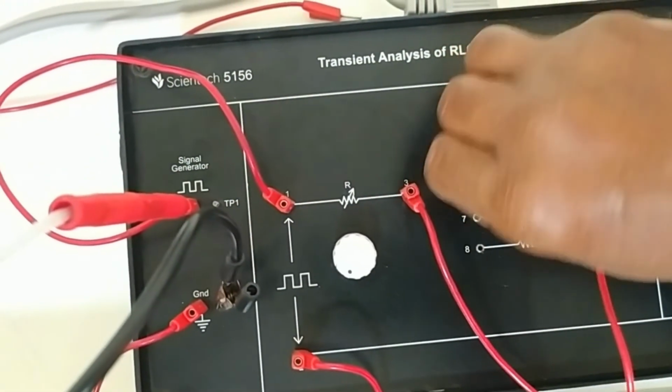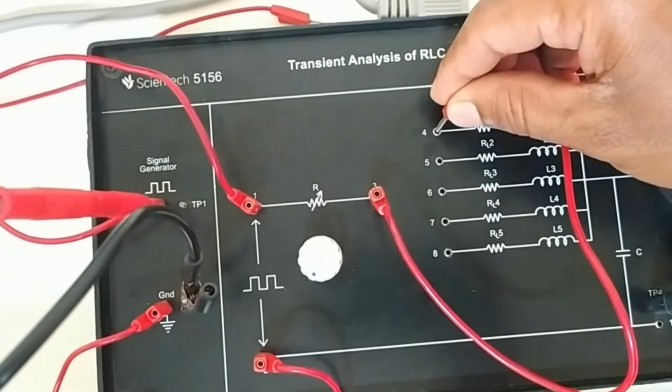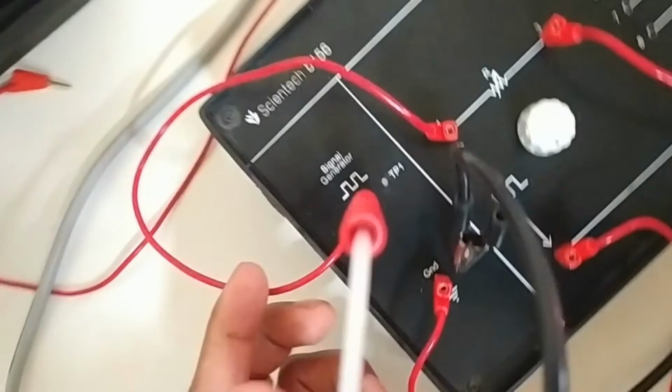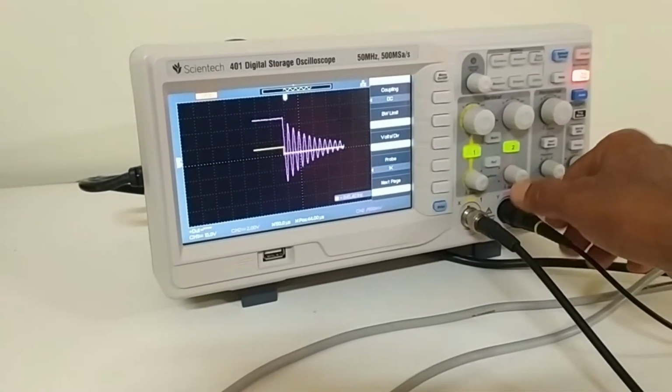You can connect here, or to the 6th, 7th or 8th point. Here I have connected it to 4. The input is connected to channel 1 of the digital oscilloscope, and the output is connected to channel 2 of the digital oscilloscope.